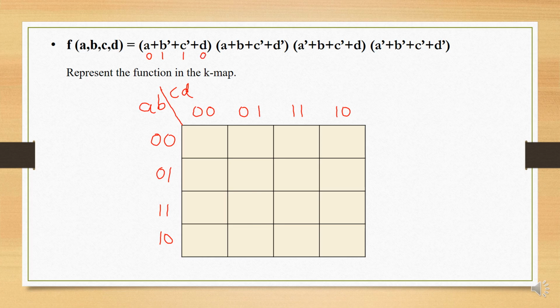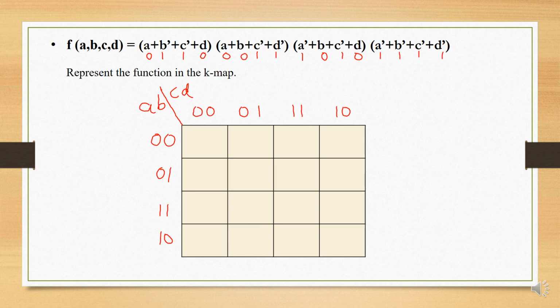Similarly here we have 0, 0, 1, 1. Similarly here we have 1, 0, 1, 0. Next we have 1, 1, 1, 1. From this you can easily identify the decimal number from the binary representation and directly place logic zeros in the respective cell number in the K-map.